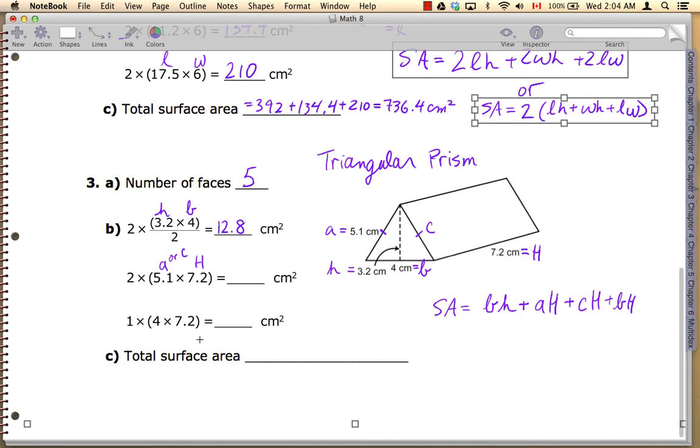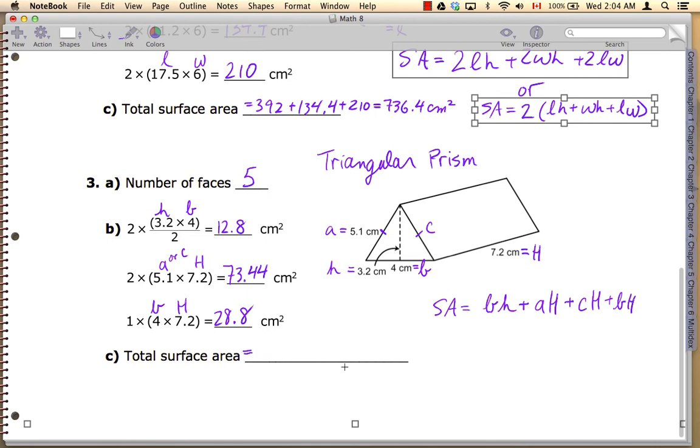The 4 times 7.2, that's B times capital H to get the area of the rectangle on the bottom. If you calculate the 2 times 5.1 times 7.2, you get 73.44 square centimeters. If you do 1 times 4 times 7.2, you get 28.8 square centimeters.